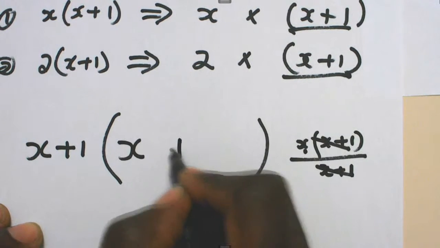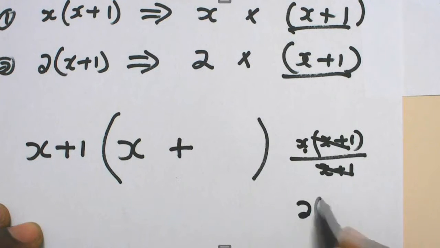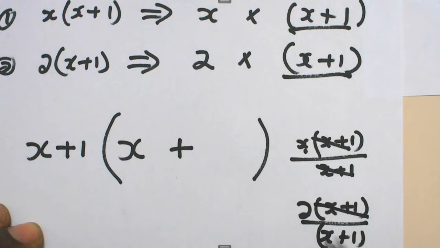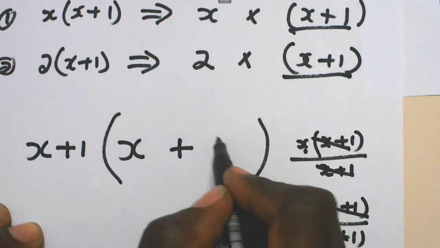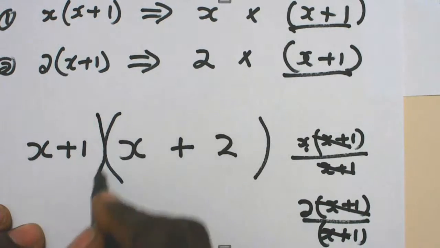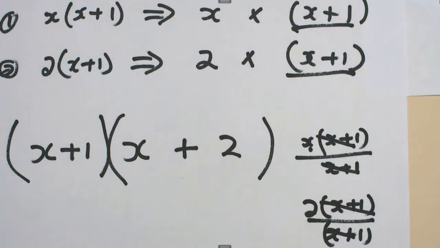And then plus, you divide the second one, 2 into x plus 1, by x plus 1. This one cancels this. We are left with 2, and 2 comes in the bracket. Then you can put 2 brackets to show that the factors are these 2. This is common, and these are the factors found inside the bracket after we have divided each term by the common factor.